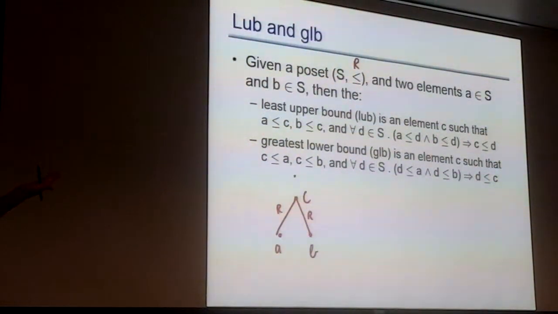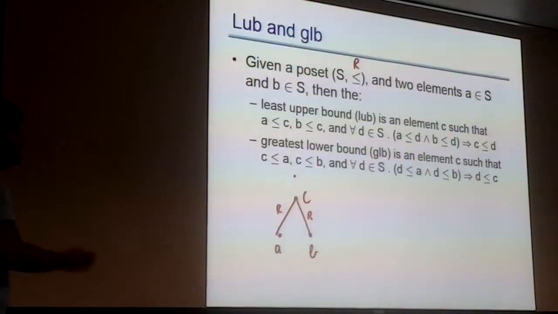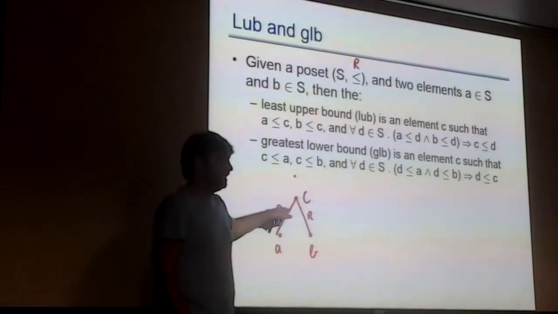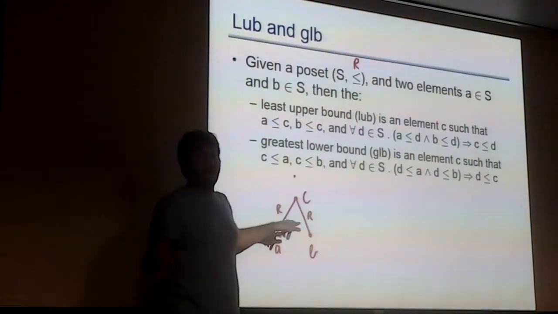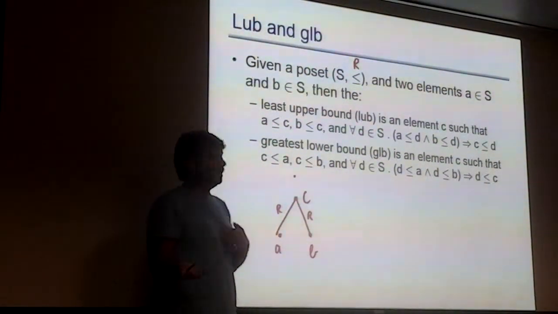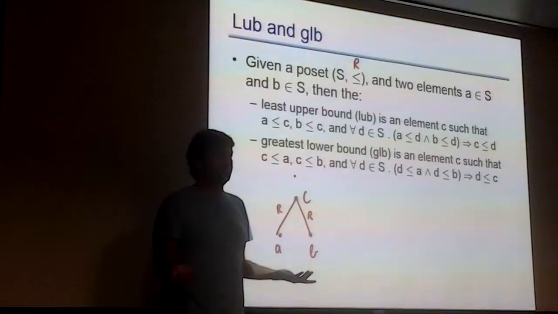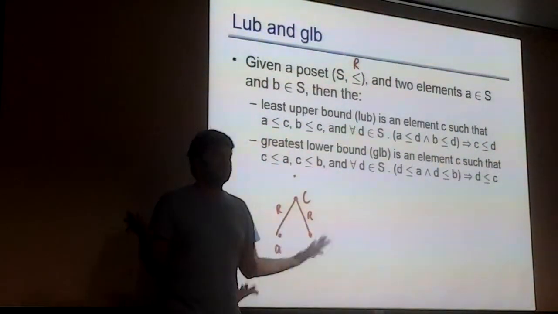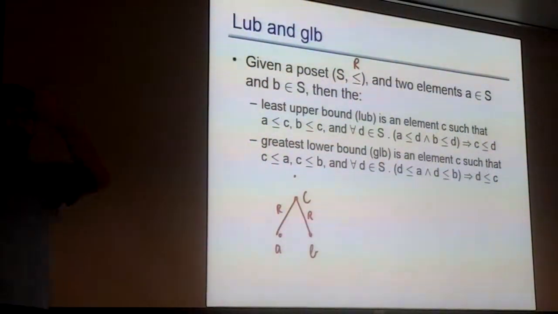But the intuition is that basically you're saying this is an upper bound, and basically what you want to say is any upper bound, no matter what upper bound I pick, because there could be multiple upper bounds. For sure, actually, there could be many different upper bounds.